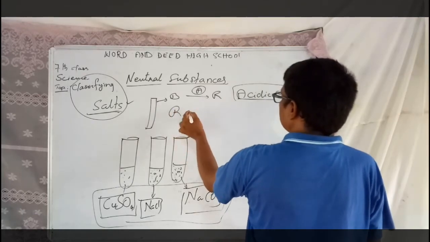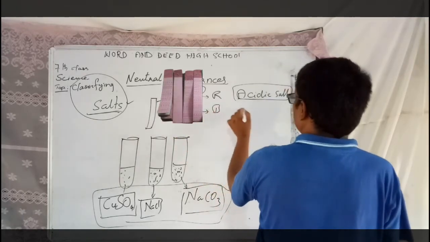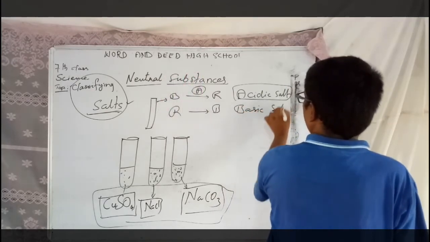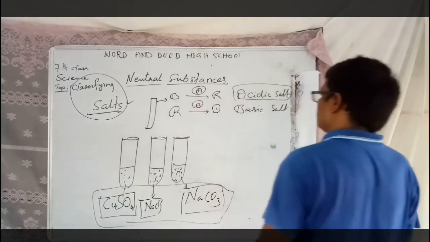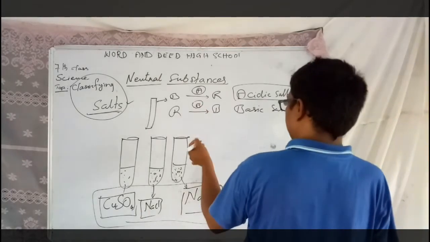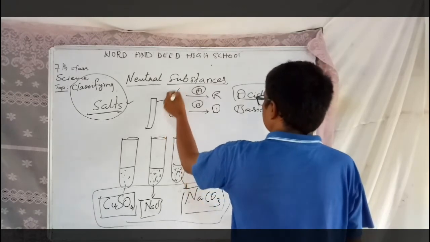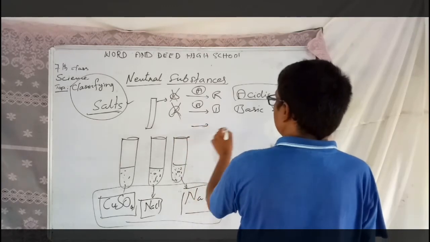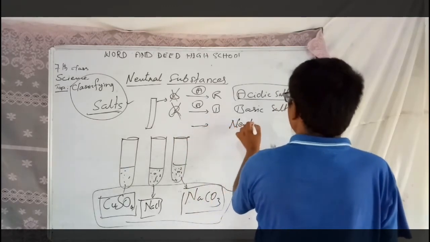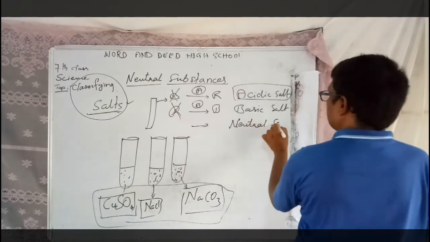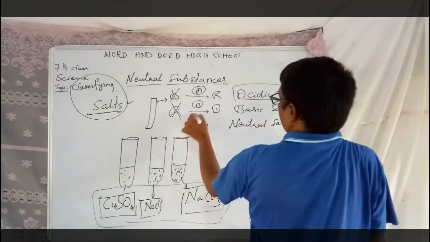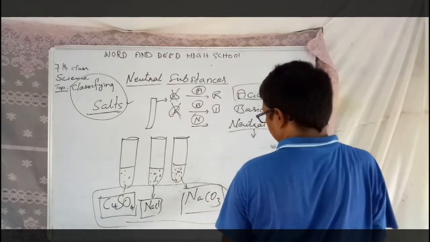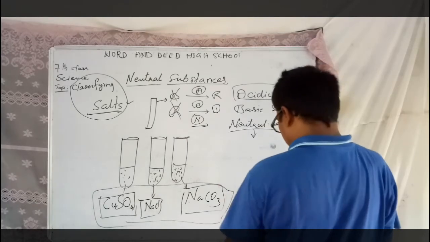And if red litmus changes its color into blue, that will be a basic salt. And if there is no change in blue litmus and red litmus, what will that be? A neutral salt. The salt that we use in our kitchen, sodium chloride, will be the neutral salt.